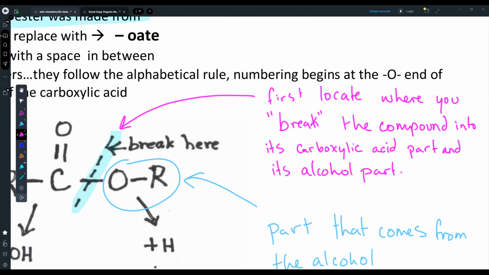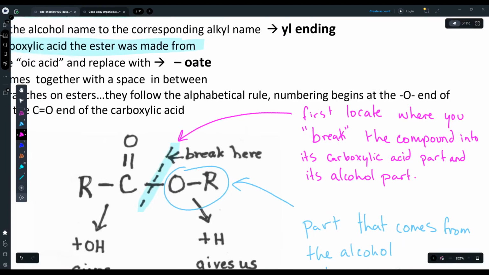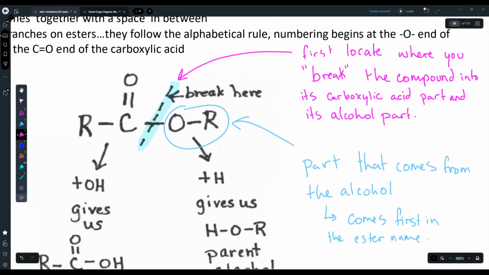Step 1, first locate the part where you're going to break apart the compound into its carboxylic acid part and its alcohol part.